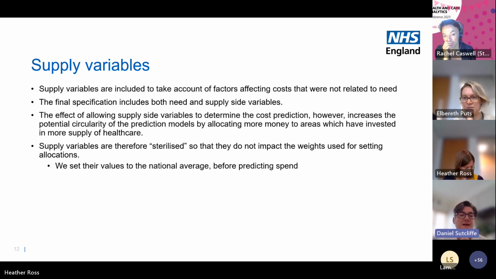And so the method we have, we call it sterilization, and it's a way of ensuring that the supply variables do not impact the setting of allocations. And the method we do is that once we've fitted a model, we then take our supply variables and set them to their mean. And then we run the prediction. And what that has the impact of is averaging out the effective supply across all observations. Next slide.